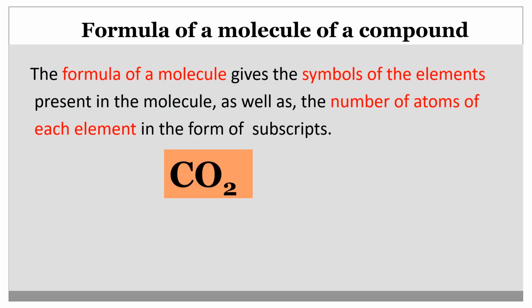The formula of a molecule gives the symbols of the elements present in the molecule as well as the number of atoms of each element in the form of subscripts. As we have seen earlier, the formula of carbon dioxide molecule is capital C, capital O with a subscript 2.